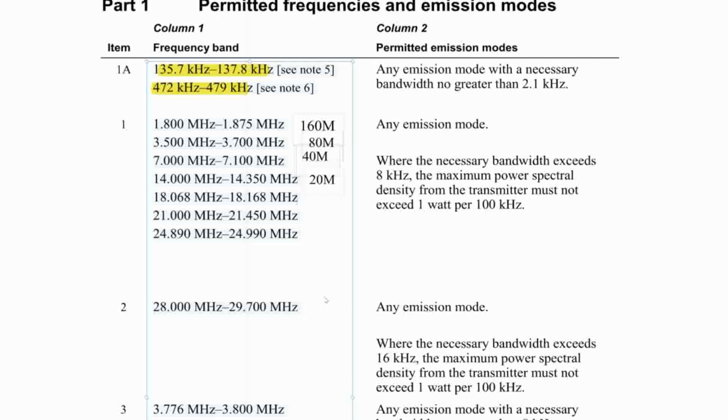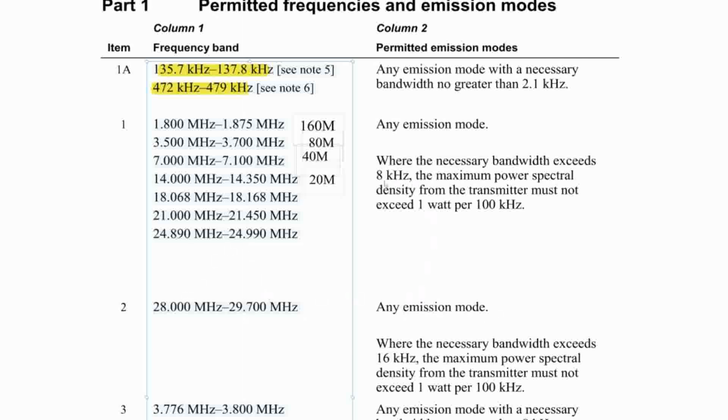Alright, now the best way to remember all this is to get a band plan. You get a band plan off the WIA website. It's a better way of looking at it than this. On the right hand side it tells you the modes that are available. For example, above 28 to 29.7 you can use any emission mode.